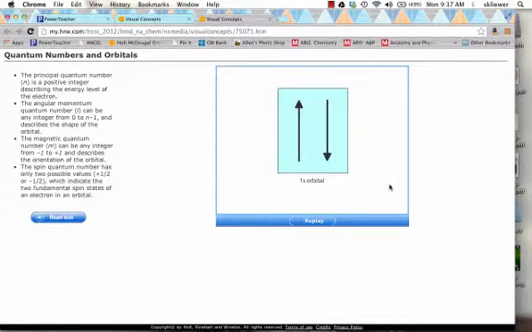They're spinning opposite directions. So tomorrow we're going to look at electron configurations and orbital notations. We're going to show exactly in an element where each of those electrons are located, and we'll use some arrows like this to show their spin state.